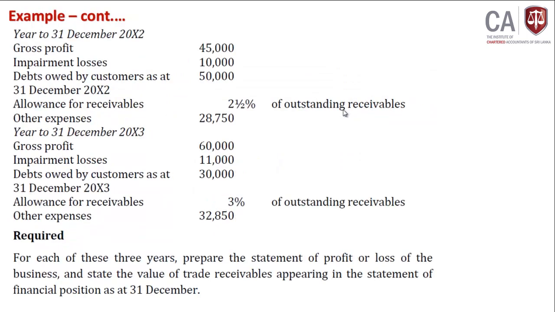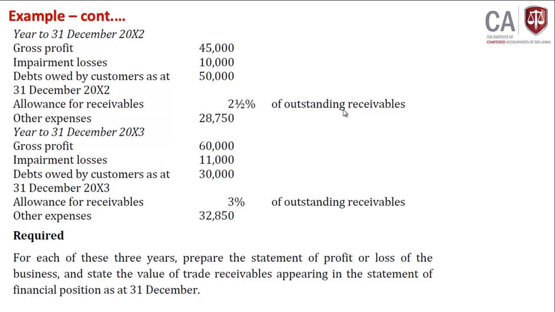20,000. Year to 31st December 2002, gross profit 45,000, impairment loss 10,000, debt owed by customers as at 31st December 2002, allowance for receivable 2.5%, that is the amount, other expenses 28,750.